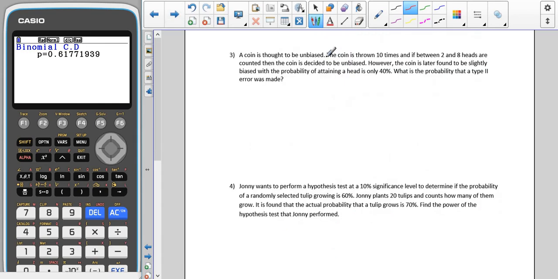For the next example, we have a coin that is thought to be unbiased. Unbiased means that it's going to be 50% each time. So our H0 is that it is unbiased, so it is a half. And our H1 is that it's going to be biased, so not a half.